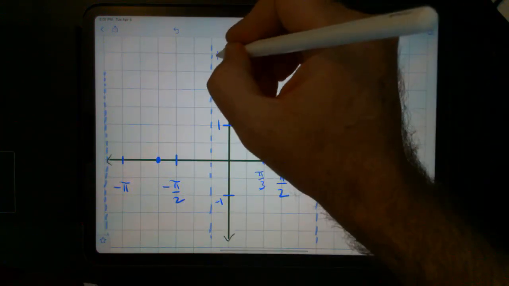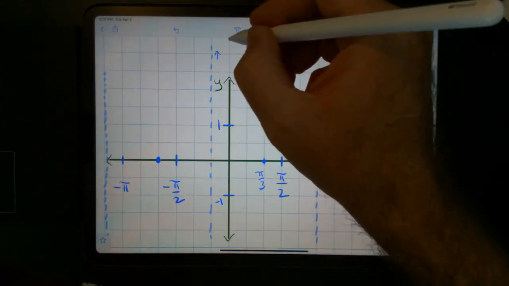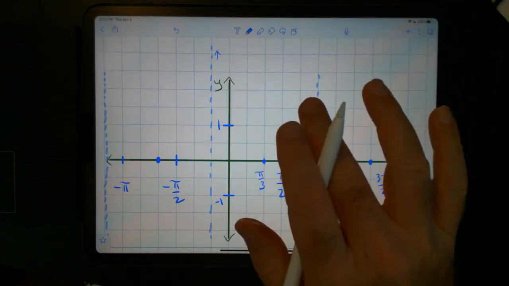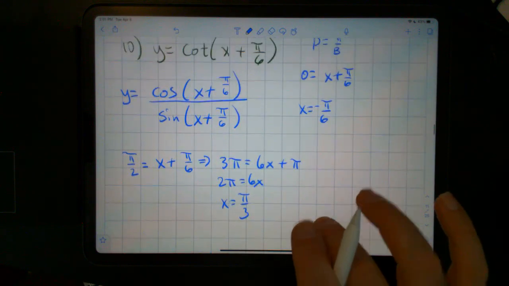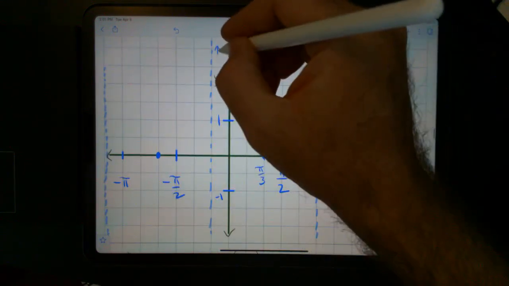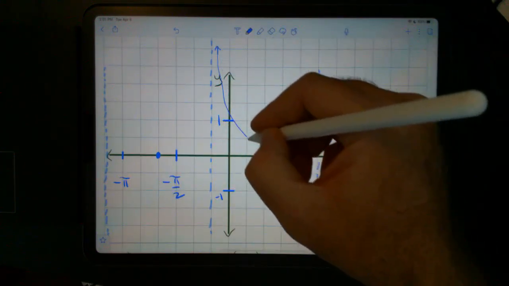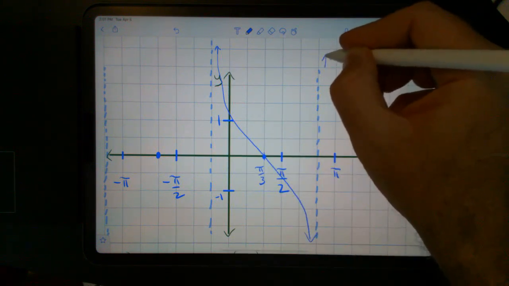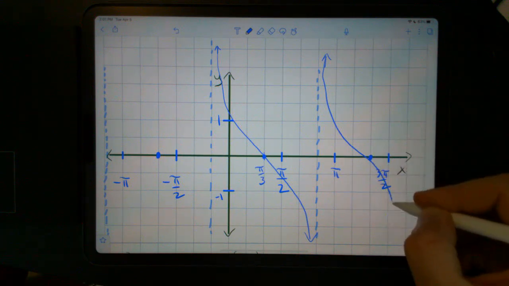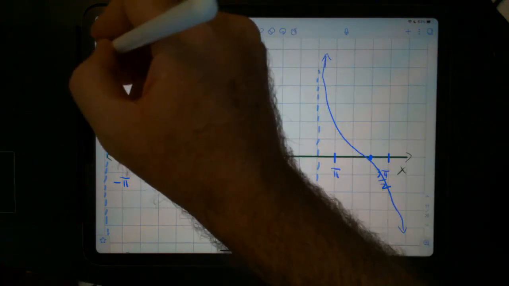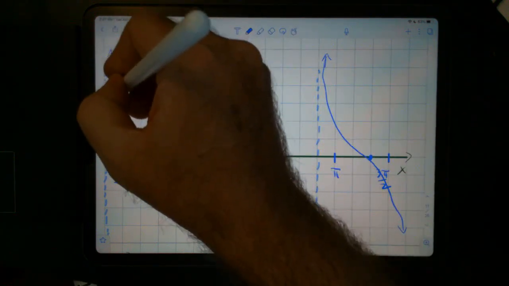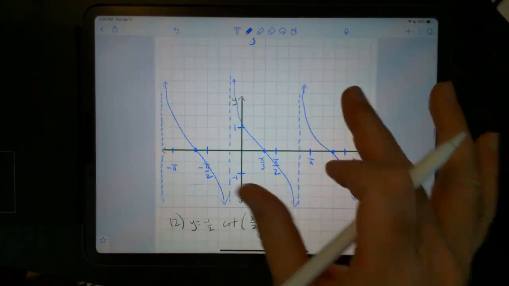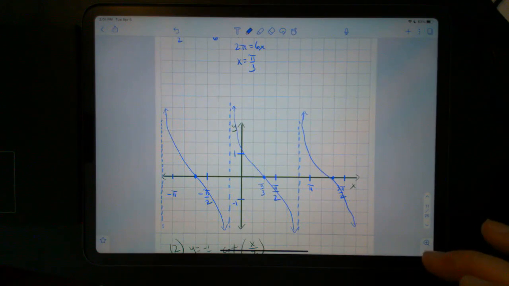So this is going to go from high to low.